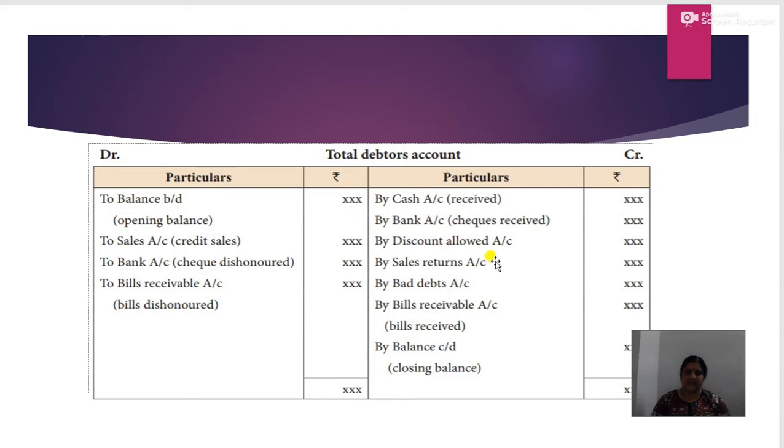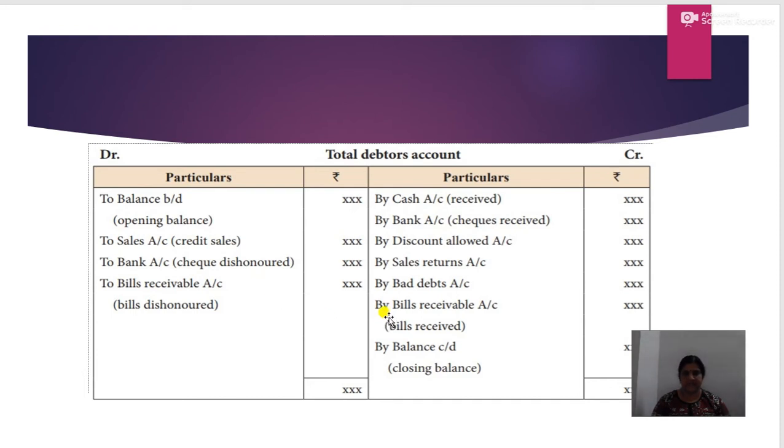In case an account has a debit balance, then all the items which are increasing that account will be debited, and all the items which are decreasing that account will be credited.